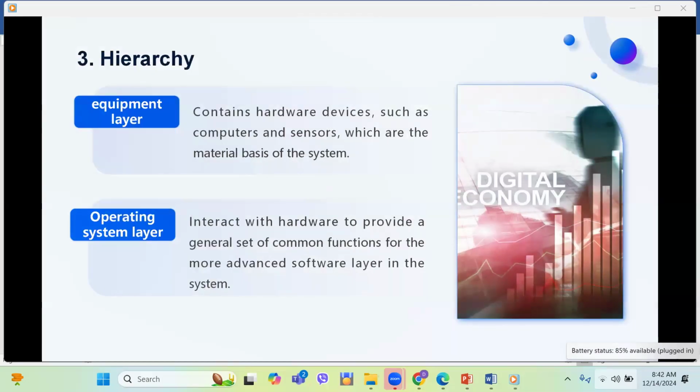We usually divide them into 7 layers. The equipment layer contains hardware devices such as computers and sensors, which are the material basis of the system. The operating system layer interacts with hardware to provide a general set of common functions for the more advanced software layers in the system.